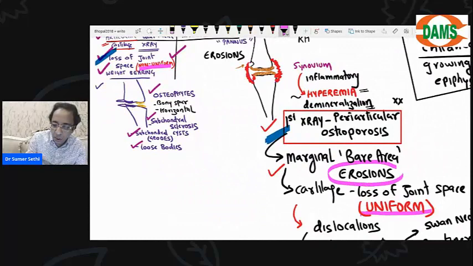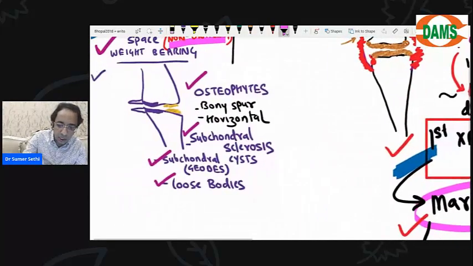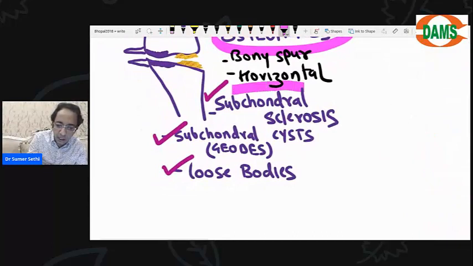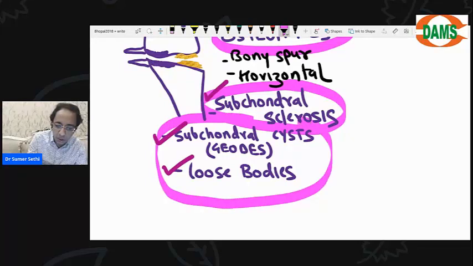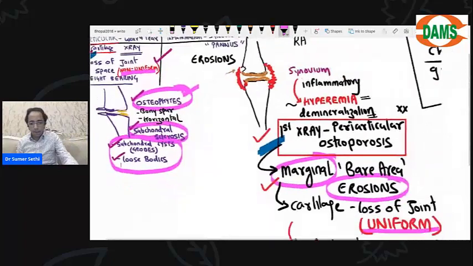Inflammatory conditions will lead to erosions, marginal erosions in rheumatoid arthritis, while in osteoarthritis, we saw the word osteophytes. There was increase in the density. We saw subchondral sclerosis. Some pieces were broken. There were some cyst formations.